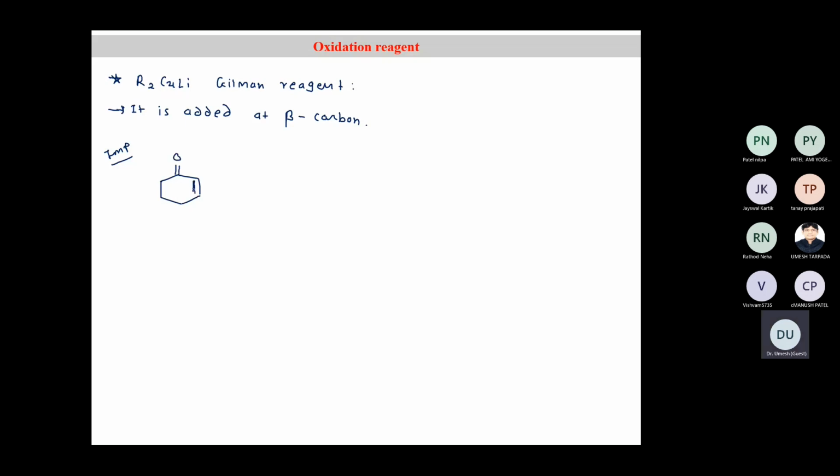This is an alpha beta unsaturated compound. When you react with (CH3)2CuLi, CH3 minus is added to beta carbon. So you are getting OLi, and here it's a CH3.